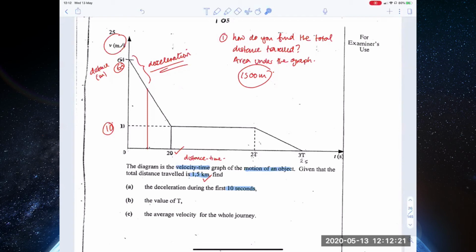Changing. How is it changing? Is it getting bigger or smaller? Big.